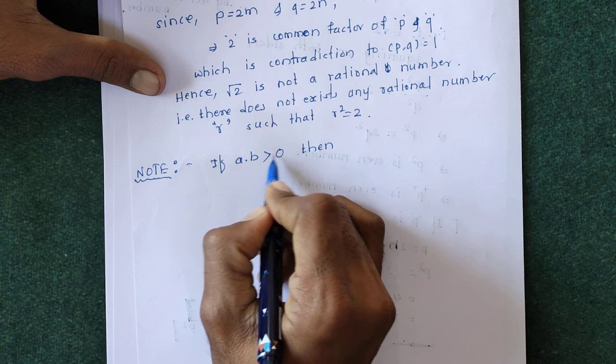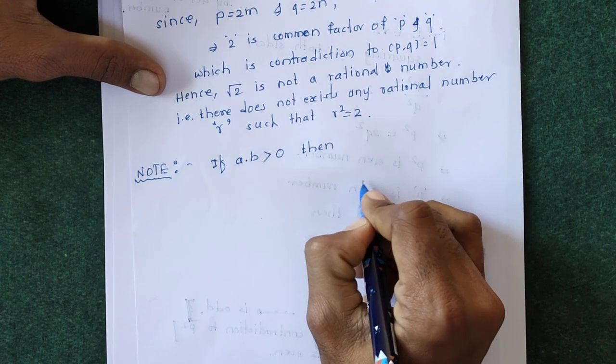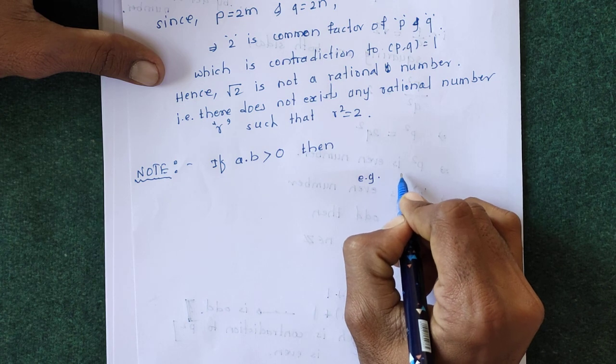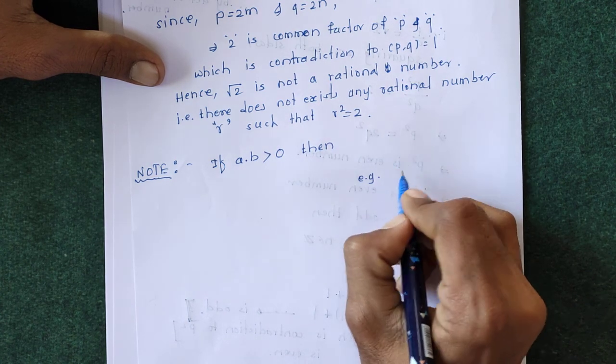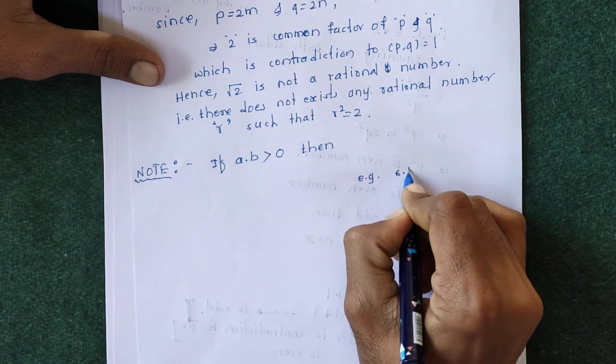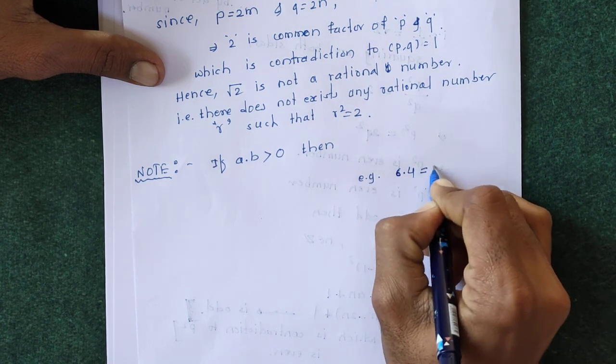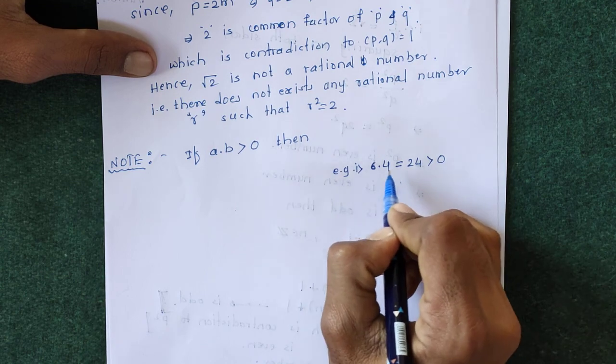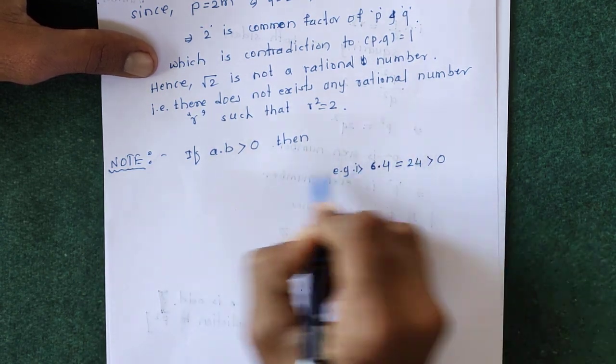For example, take 24: 6 into 4 is equal to 24, and this number is greater than 0. This is a particular example, not the general case.